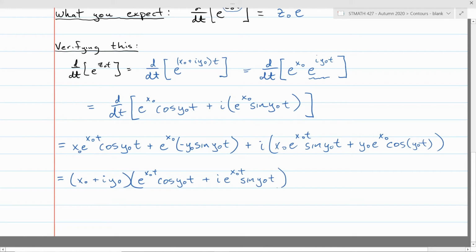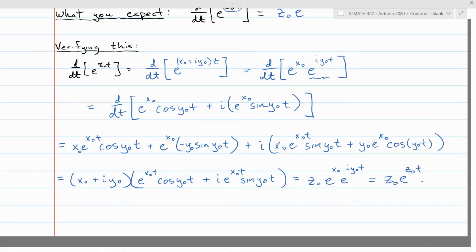If you don't believe it, just multiply it back out and see that you get exactly what you had in the previous step. And then that's z naught. And then the second bit is exactly the e to the x naught e to the i y naught t, which of course is z naught e to the z naught t, as advertised.